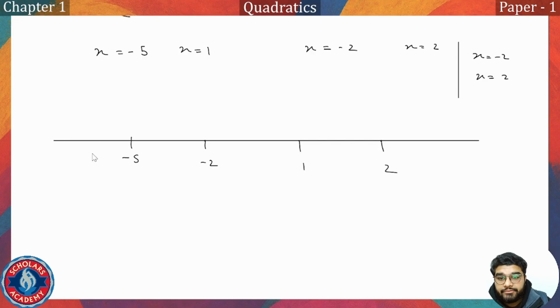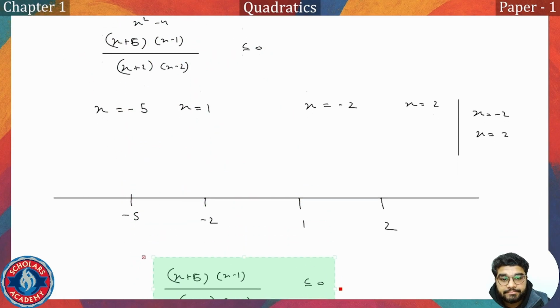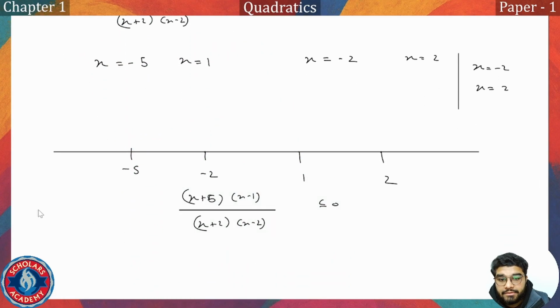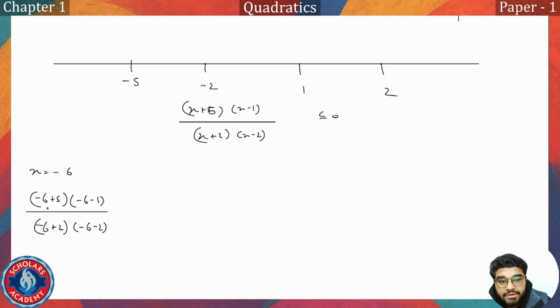So from the first part, the inequality that we'll check is this. If I take x is equal to -6 and substitute it over here, what I get? (-6 plus 5)(-6 minus 1) divided by (-6 plus 2)(-6 minus 2) should be less than or equal to 0, right?